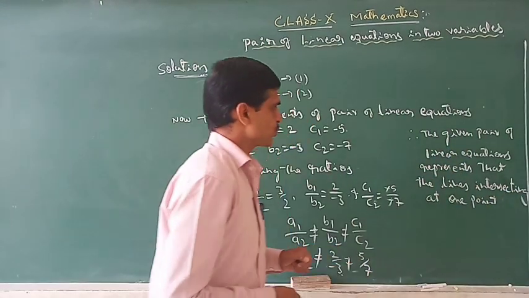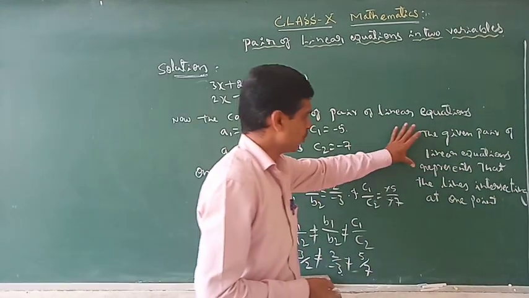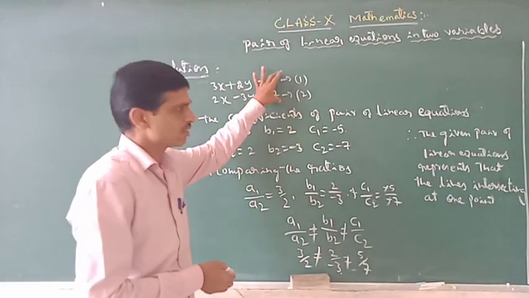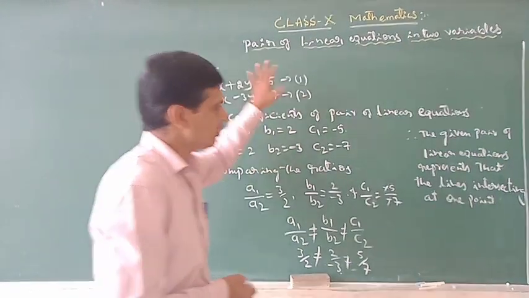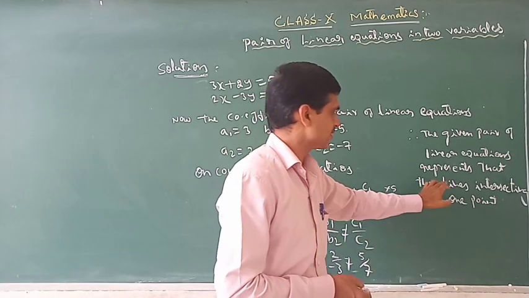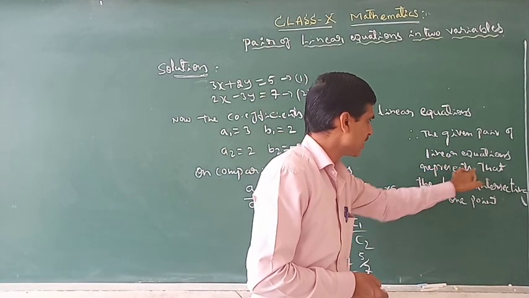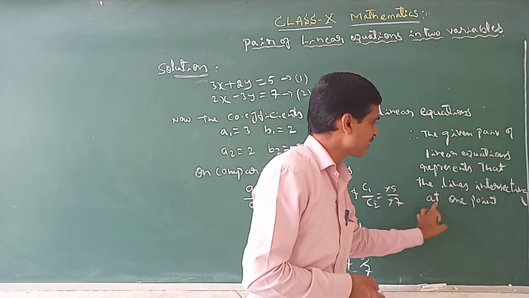So when you want to draw graphically these two expressions, or pair of linear equations, the lines appear like this. That represents that the lines are intersecting at one point.